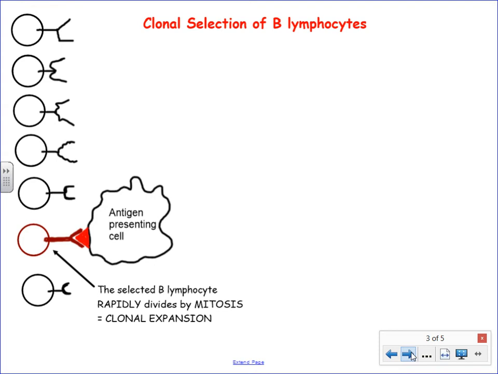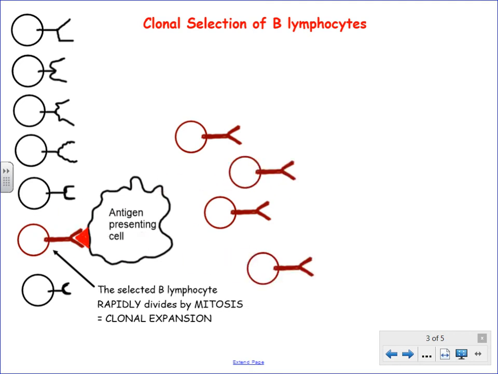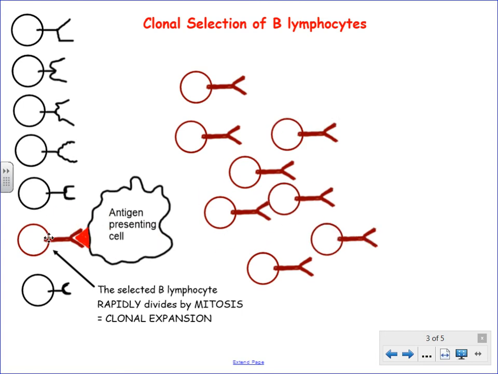What takes place now is that this B lymphocyte is now triggered to divide. Because this one B lymphocyte was clonally selected and is now dividing, this process is called clonal expansion. Other key words to describe this process is that the B lymphocyte is rapidly dividing by mitosis.